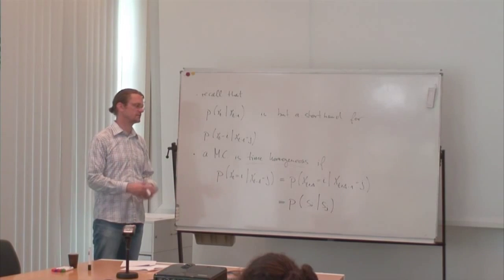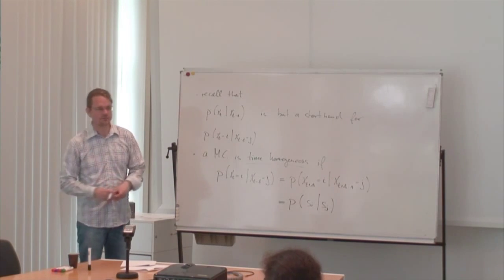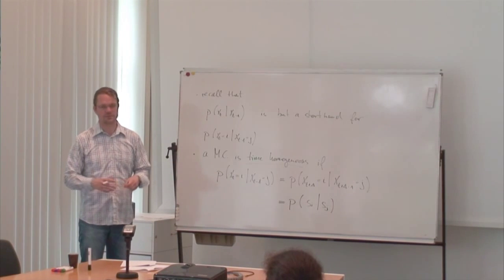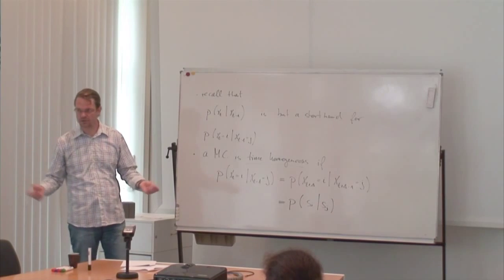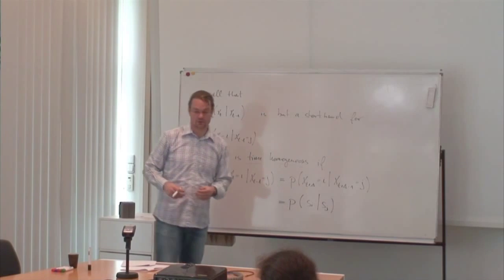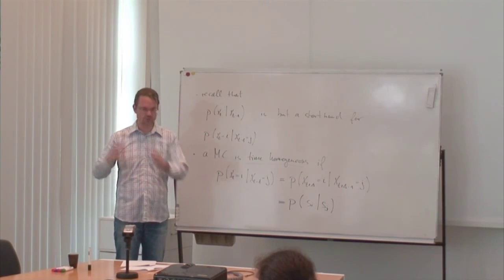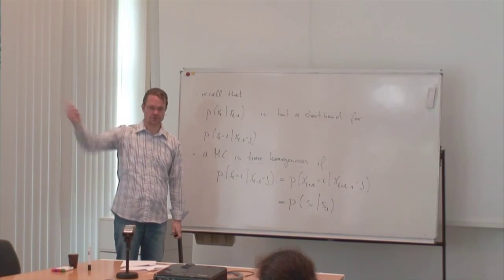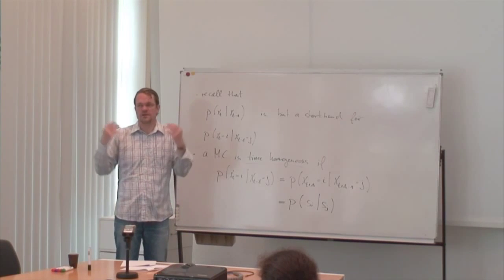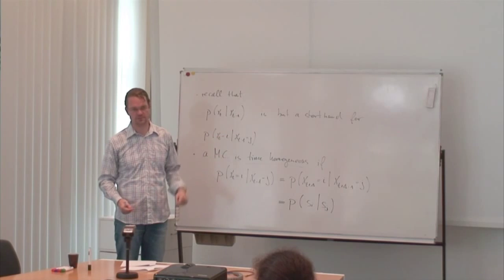So far, elements of S were called room A, room B, room C, but we may as well call them 1, 2, or 3. It's a bit more abstract, but it doesn't matter, because 1 could refer to defending the base, 2 to rushing towards the enemy, 3 to going back to the base. As long as we know what these numbers represent, we can talk about the states in terms of numbers.